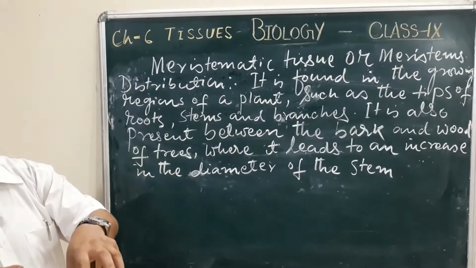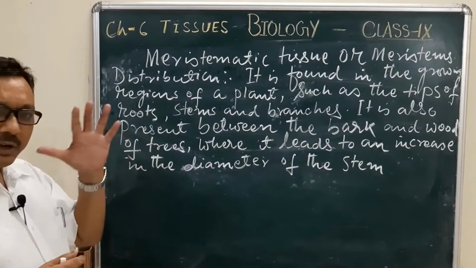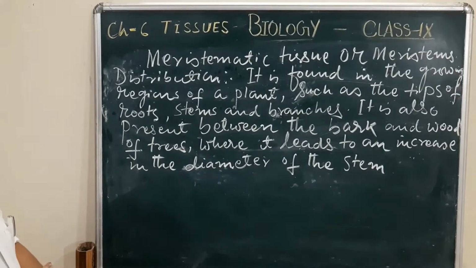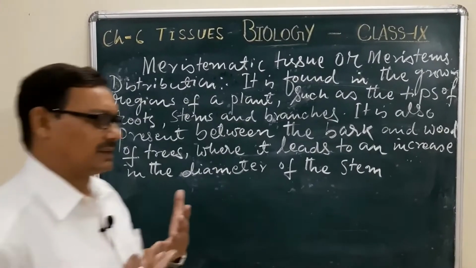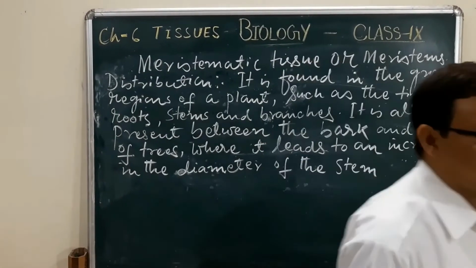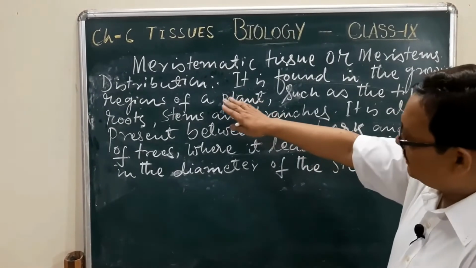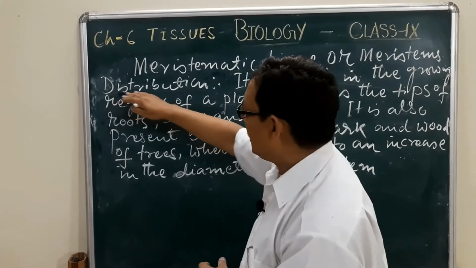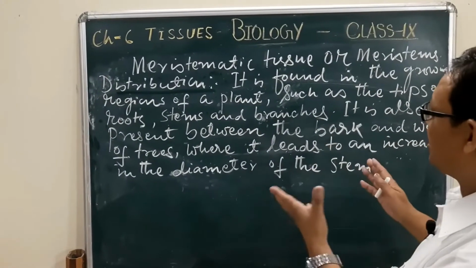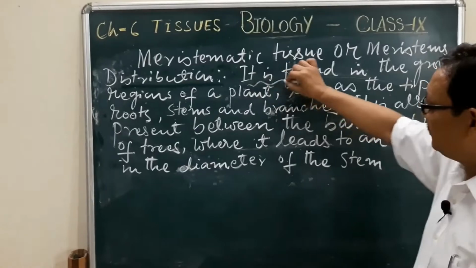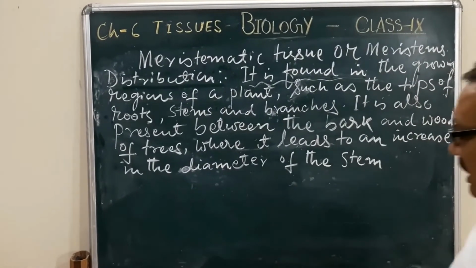The cells are living, and usually present in those parts of the plant body where there is a growing region. That is why when we study about their distribution or their occurrence or their location, then we can write in this way: it is found in the growing regions of a plant.